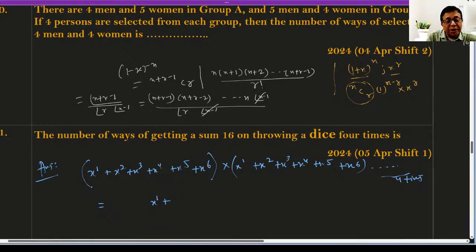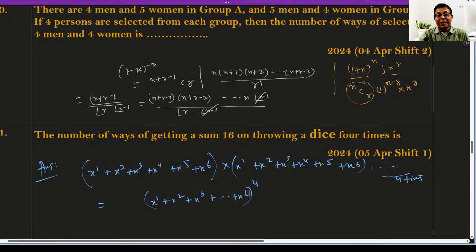So (x to the power 1 plus x squared plus x cubed and so on) to the power 4 is the way you can get the faces of the cube 4 times. If somebody is getting 5 ones, x to the power 5. But here 4 dice have to be thrown, or 1 die 4 times.